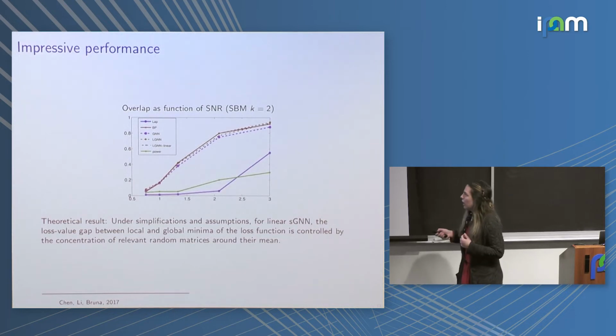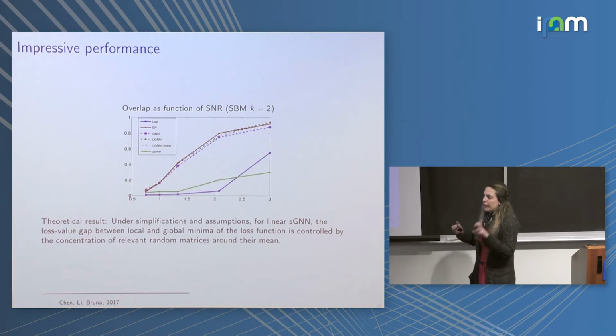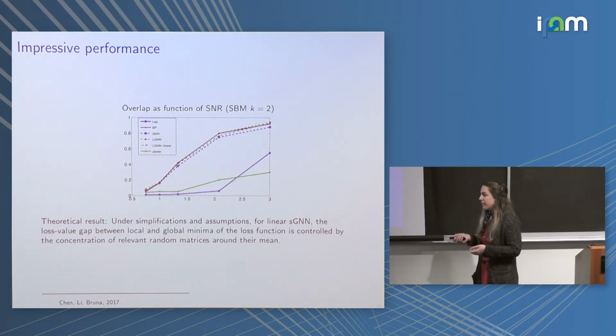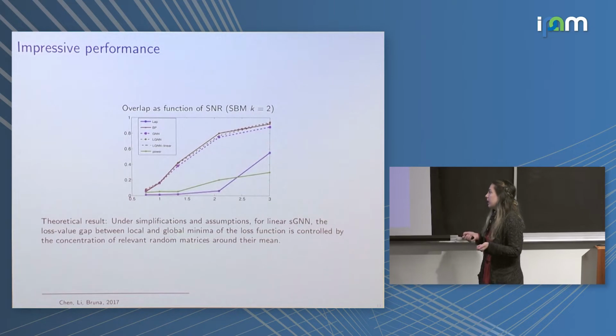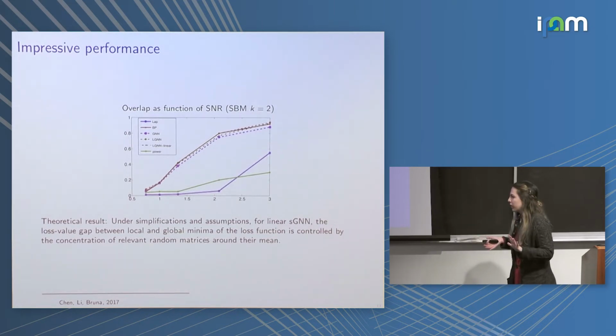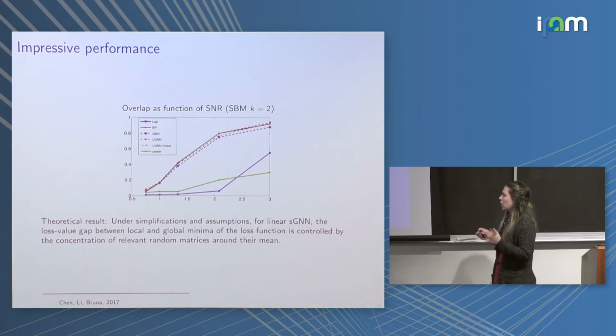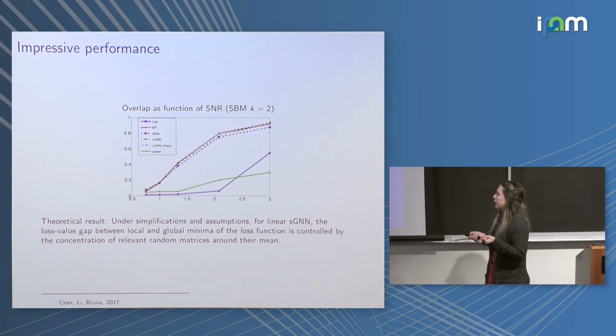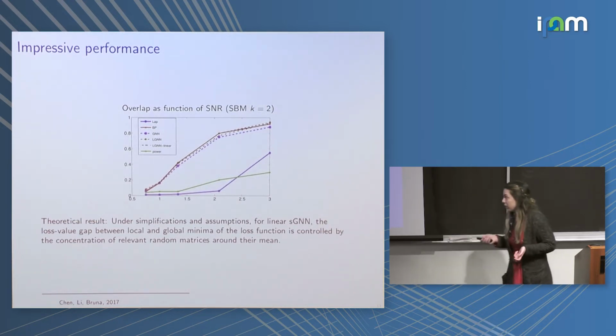They see that when they allow the line graph, they get much better performance, which is consistent with what you expect from the literature. And they have some theoretical results where they show that for a linear GNN, with no nonlinearity, they can bound the loss value for the local minima and the global minima by some quantity that depends on some concentration of some matrices.